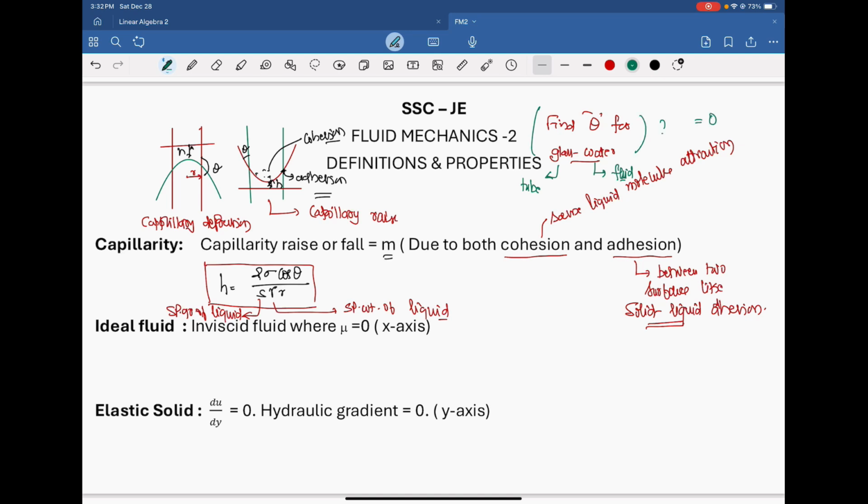This will be 0, but however you find on your own, and for at least 3 combinations. Homework is find theta for 3 combinations in capillary rise. Instead of glass water, it can be glass mercury. I have given you a hint. Glass water, it is 0. For glass mercury, theta is equal to how much? What do you find?